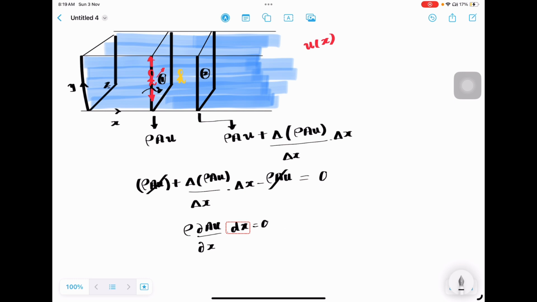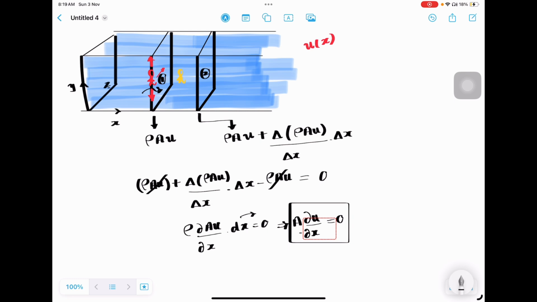If the cross-sectional area is constant between the two cross-sections, I can also pull the cross-sectional area outside. So it will be A into dou U by dou x. Take this dx also to the right side, so that also disappears. That is equal to 0. So that's our differential equation.